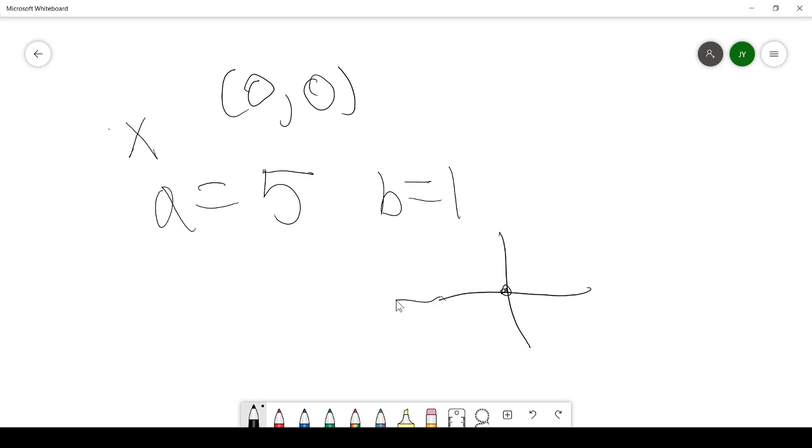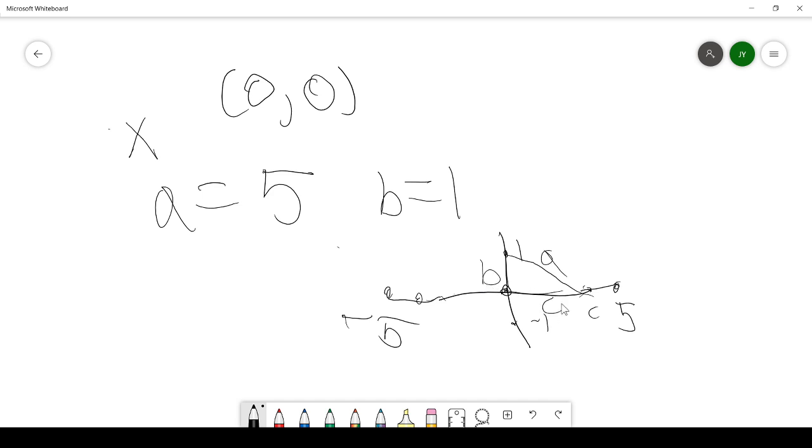So A is 5, assuming this is here, and 1, -1, -5. And now for the foci, C, make a triangle. This value is A, as I said.